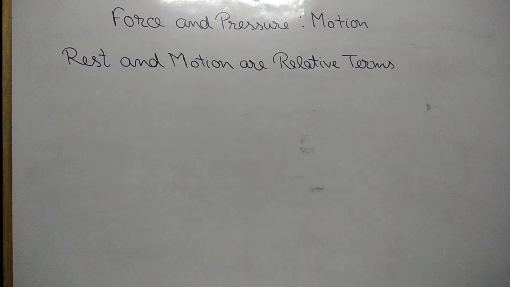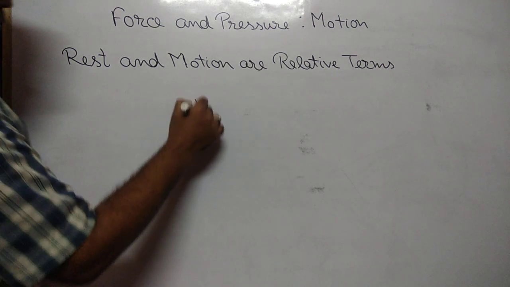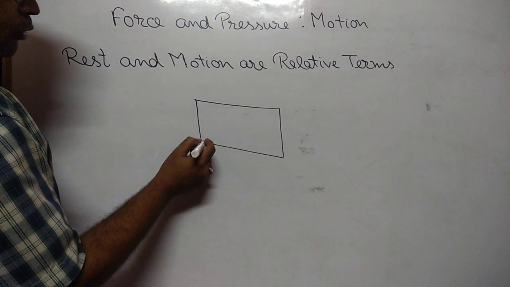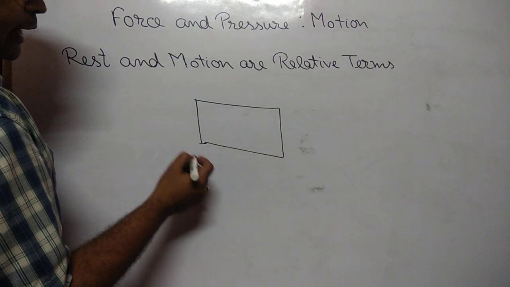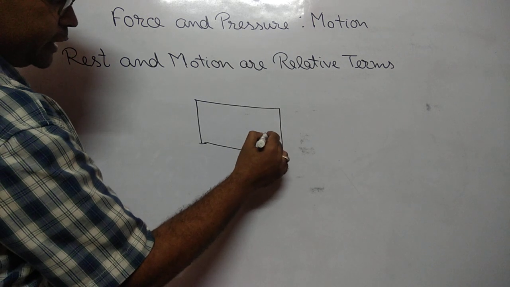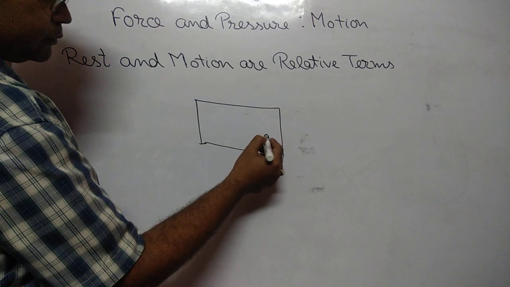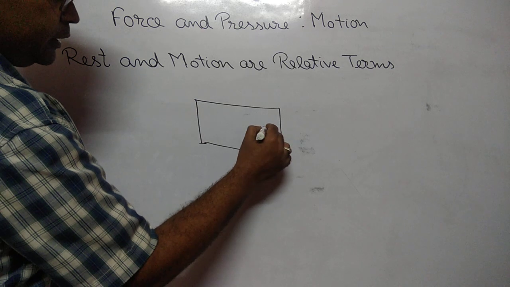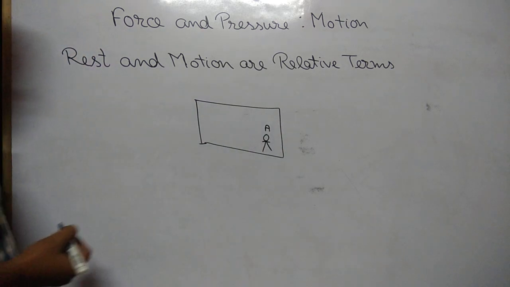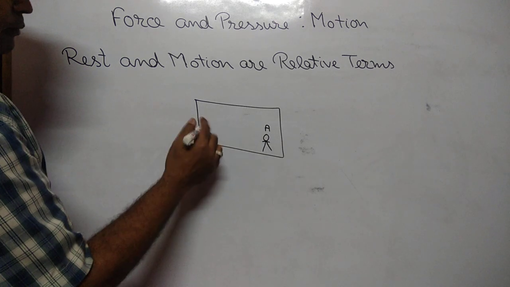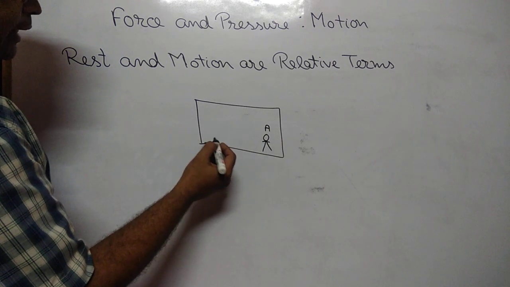Suppose we are traveling in a bus. This is your bus, and the bus is moving. I am not drawing the exact figure. In the bus you are sitting at this place, say it's me, named point A. With A, I have some co-passengers and a driver.